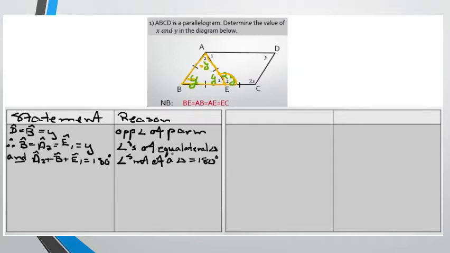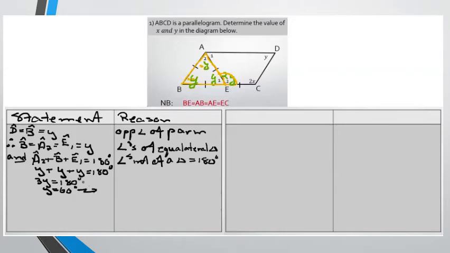Now I'm going to substitute the information into my angles. So A2 becomes y, plus y, plus y equals 180 degrees. Like terms give me 3y equals 180 degrees. Divide on the left by 3, divide on the right by 3. It looks to me that y gives me a value of 60 degrees.